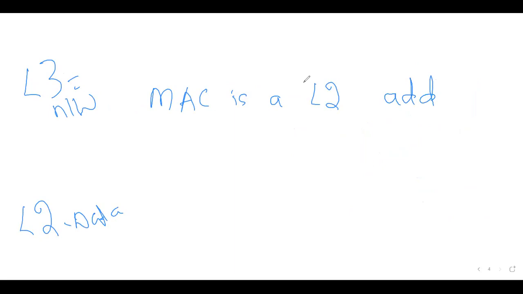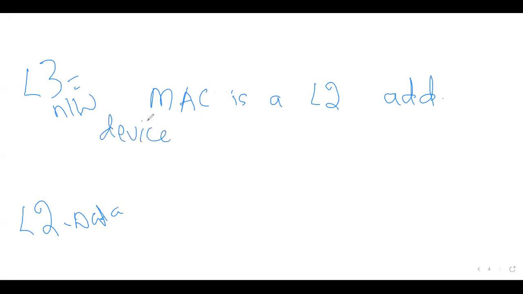Do not ask why, because this has already been defined. MAC address is a layer 2 address. All the devices that work based on the MAC address, or the devices that take decisions based on the MAC address, we call a layer 2 device.